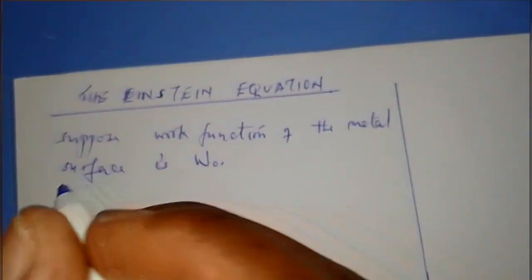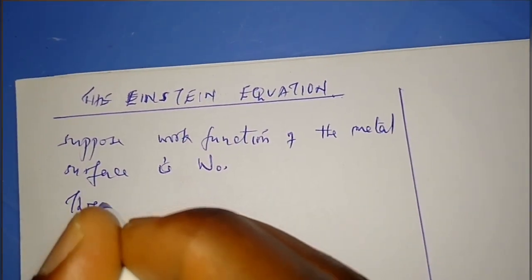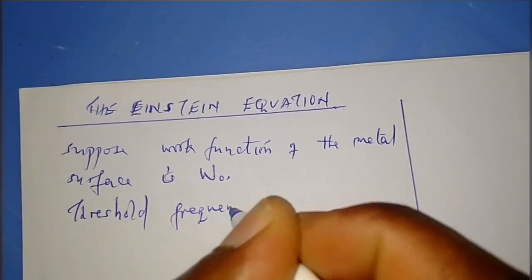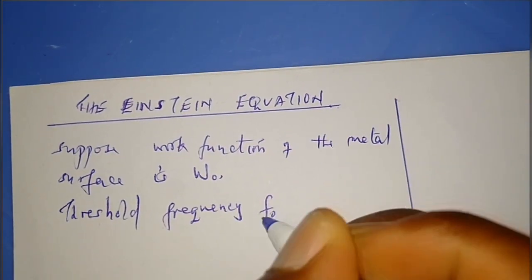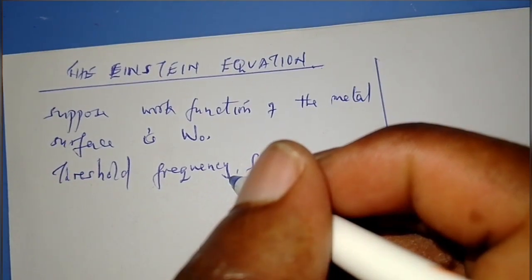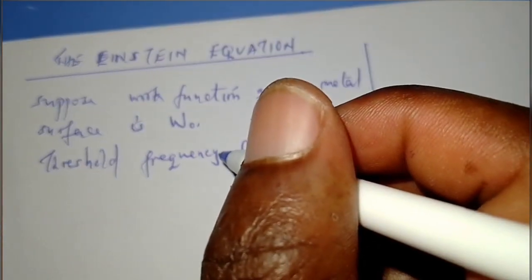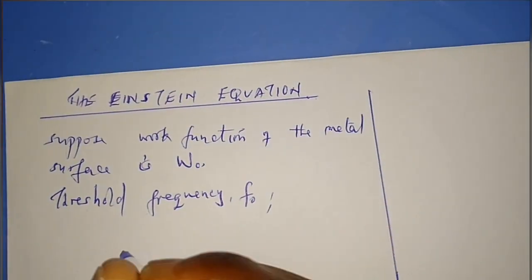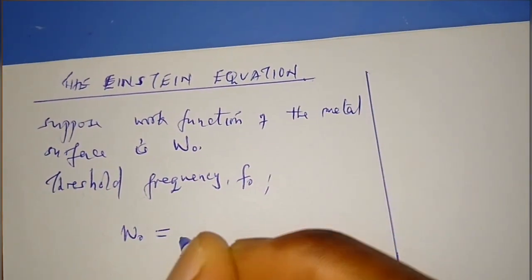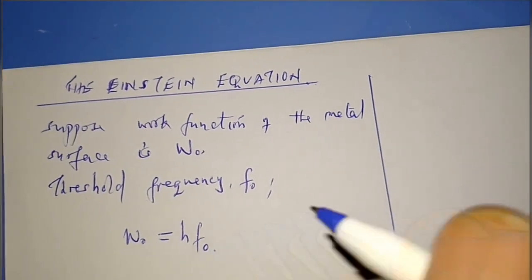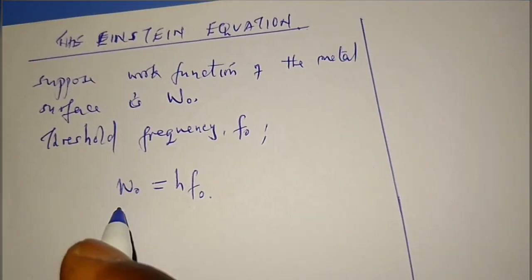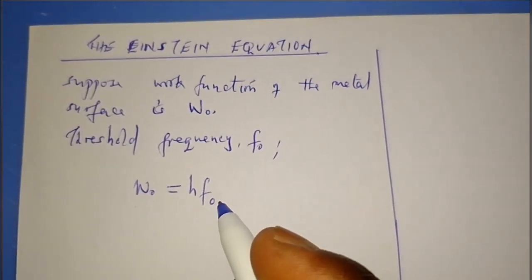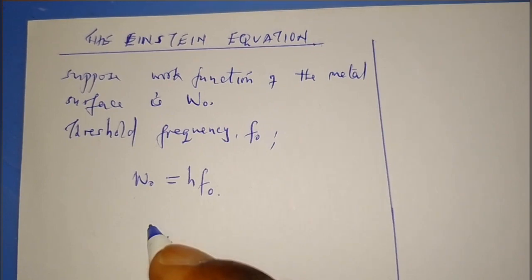The threshold frequency F naught for light that will just eject an electron from the surface is given by W naught equals H f naught, where W naught is the work function, H is the Planck's constant, and f naught is the threshold frequency.